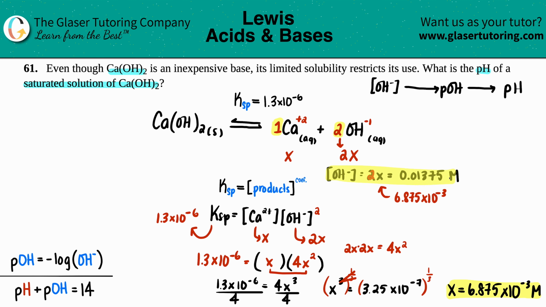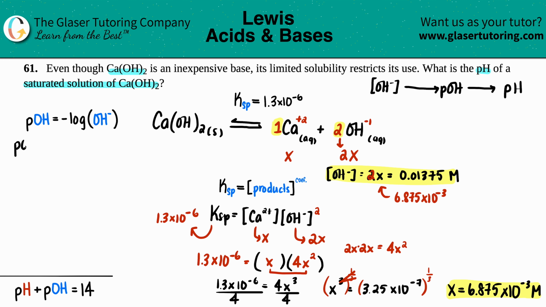So let's now perform the steps. I'm going to go from an OH minus to a pOH. What is that formula? That's why I wrote these down here, right? And let's see, maybe I will put this up here now. So pOH equals the negative log of the OH.